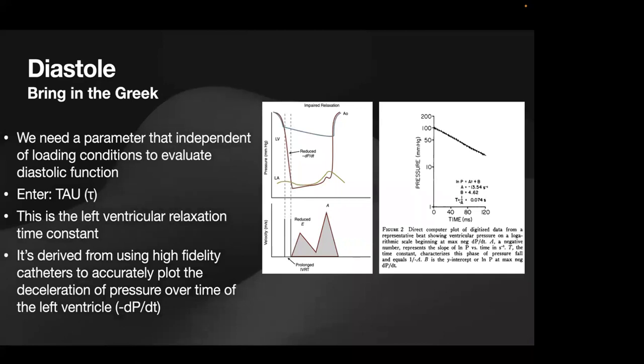Now, the problem with that is that it's very difficult to do, all right? So dP/dt requires a lot of very careful catheter manipulation. It requires very, very high frequency sampling to get you a nice smooth contour to really guesstimate, or really kind of draw out, what is your rate of change of pressure.